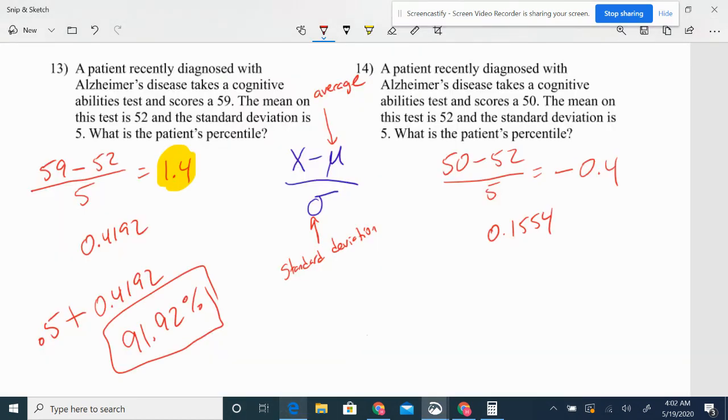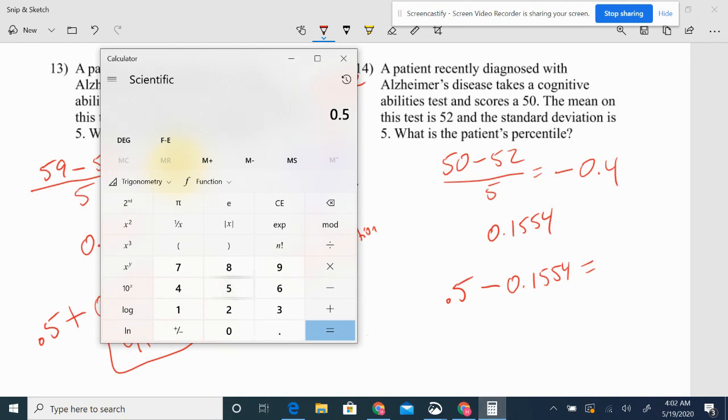Okay, so how am I going to find my percentage? I'm going to go 50%, which is the average, minus, I'm going to subtract this time because my Z-score is negative. So minus 0.1554. I have the percentage. Don't forget to move the decimal twice to the right.